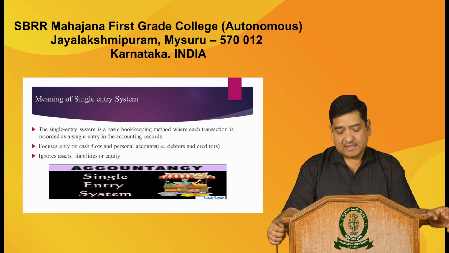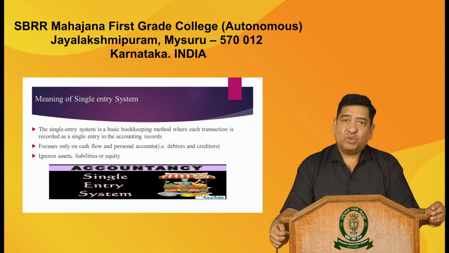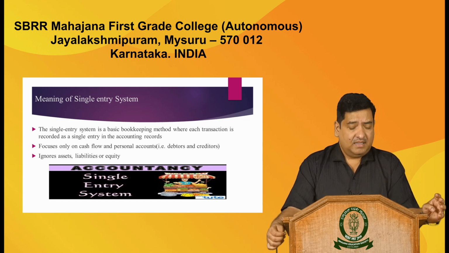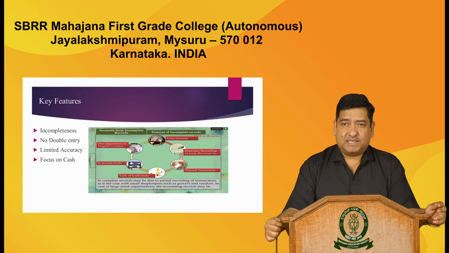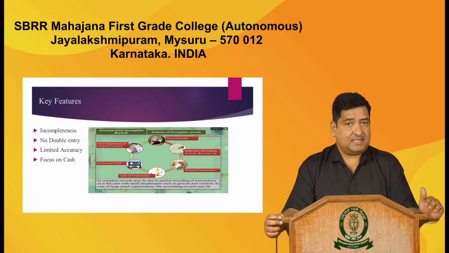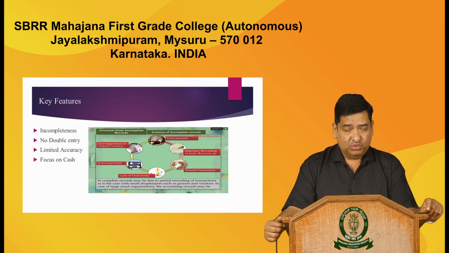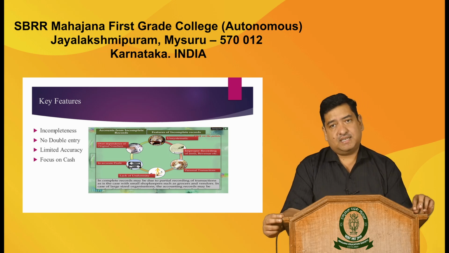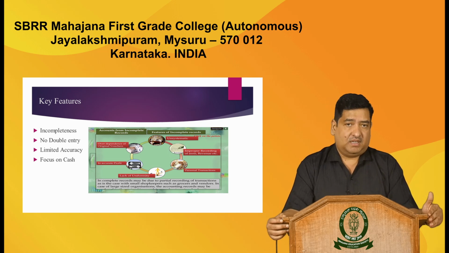In the single entry system, one of the features is incompleteness. Why does the single entry system give you incompleteness? As I told you, single entry system is going to record only the cash transactions related to personal accounts.